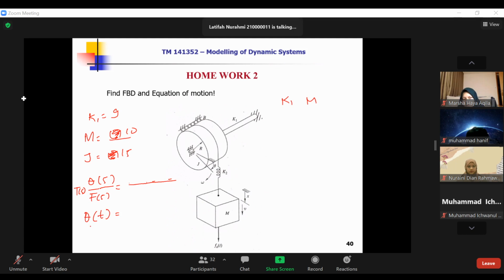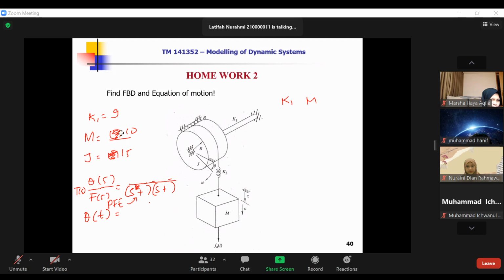The next question will be like this. If it is second order, you should be able to factorize it so that you can apply partial fraction expansion, after you factor it as s plus something or s minus something.